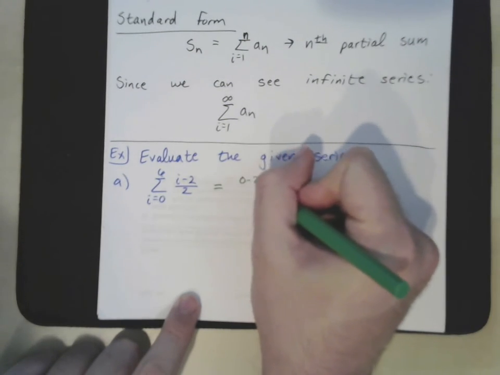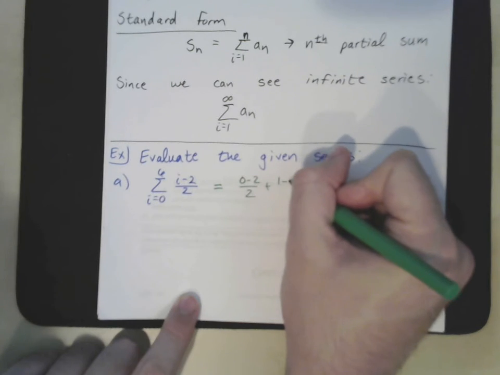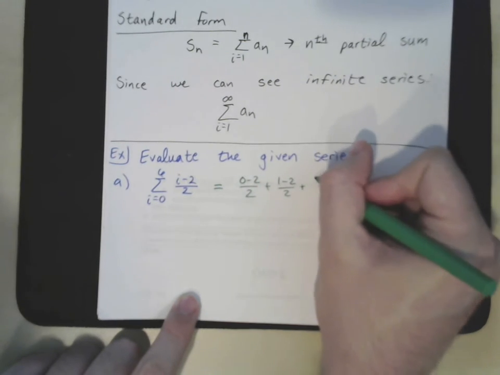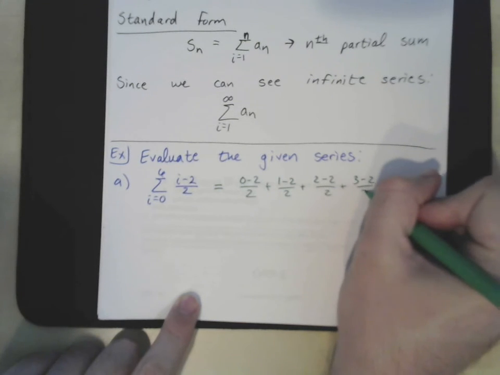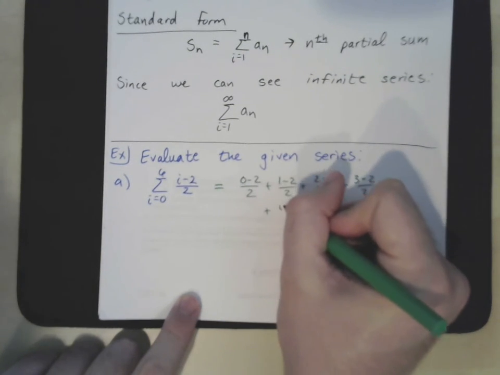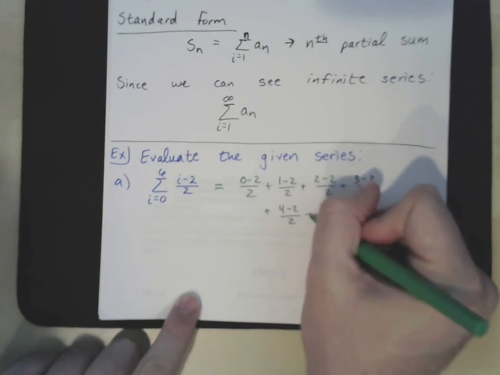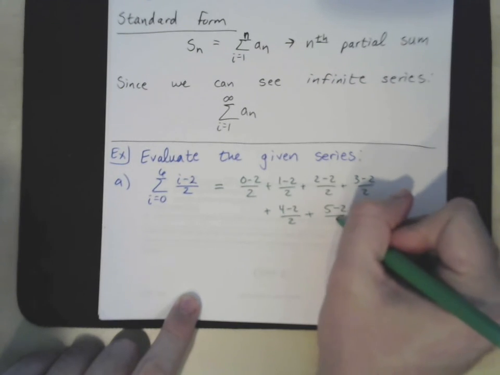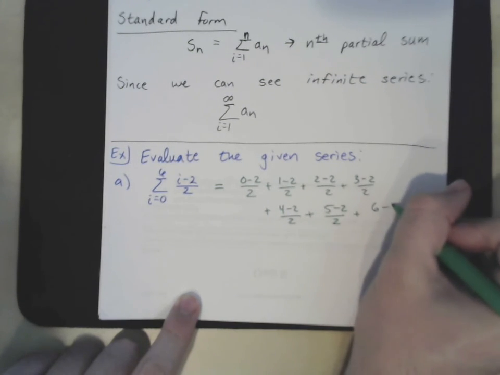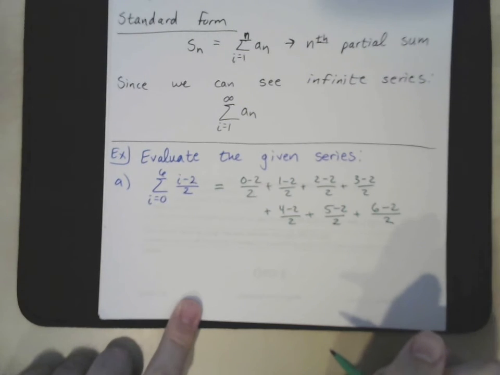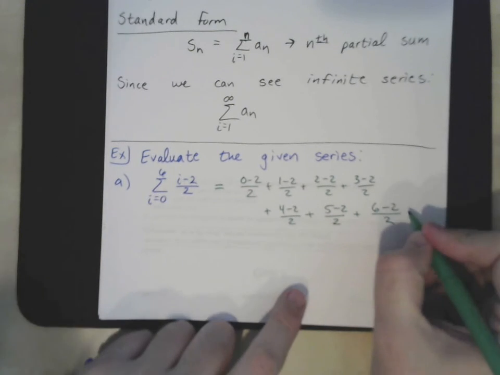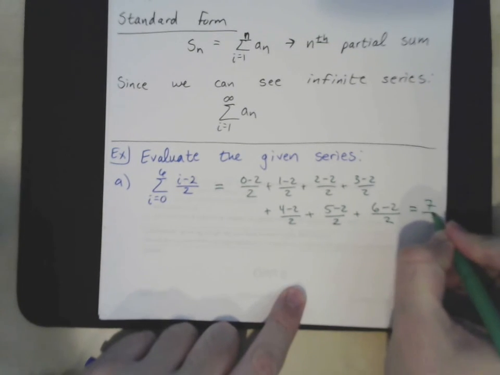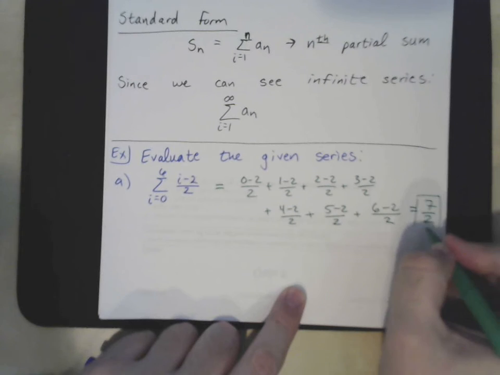So we have 0 minus 2 over 2, plus 1 minus 2 over 2, plus 2 minus 2 over 2, plus 3 minus 2 over 2, plus 4 minus 2 over 2, plus 5 minus 2 over 2, plus 6 minus 2 over 2. And we would just add all these up. And when you add all these up, you end up at 7 over 2. And that's the evaluation.